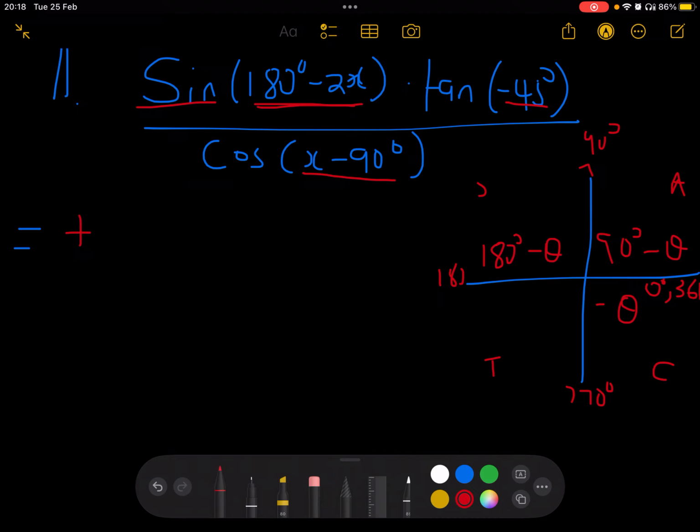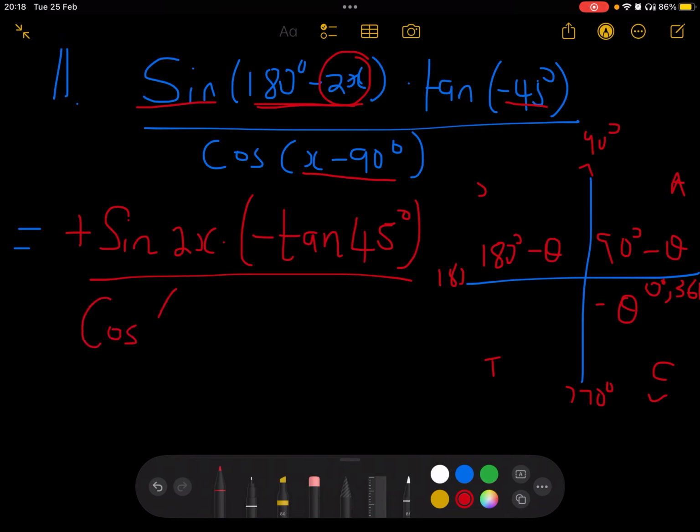The sign is positive, so it's sin of 2x, multiplied by, well, how do we deal with negative angles? We deal with negative angles in the fourth quadrant.